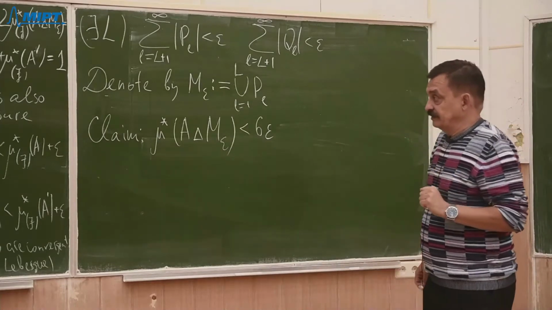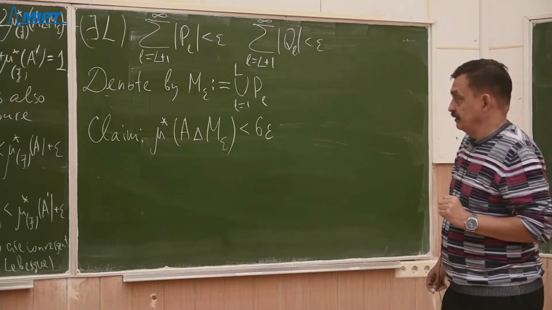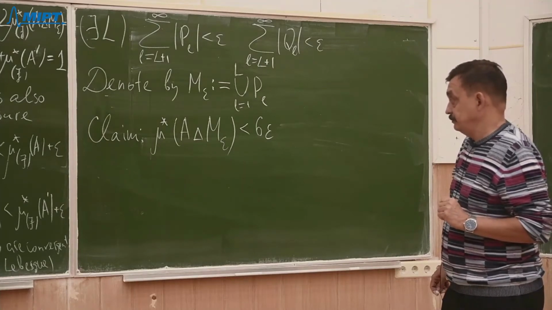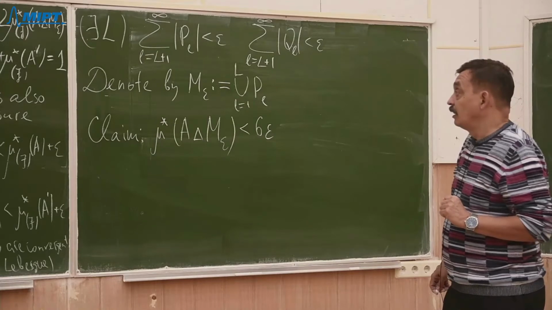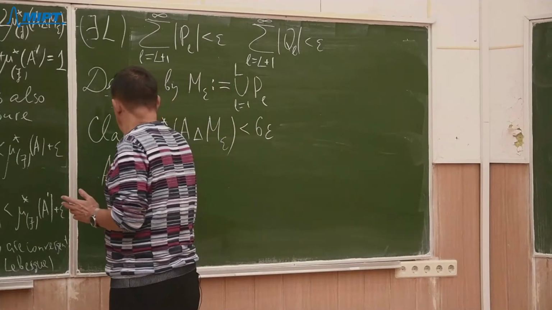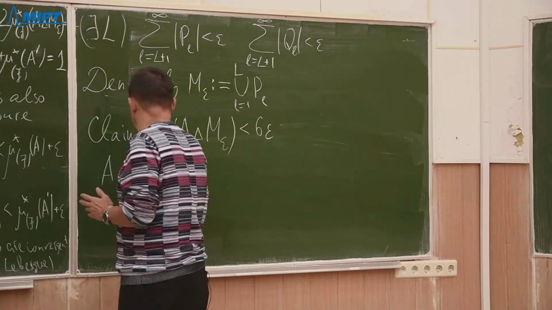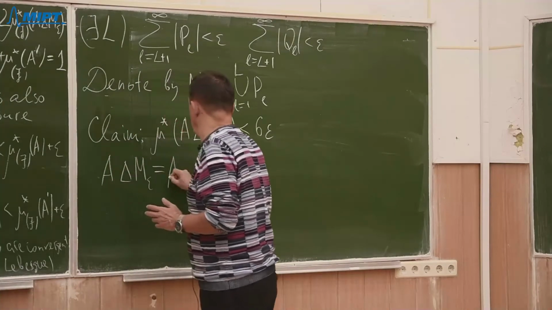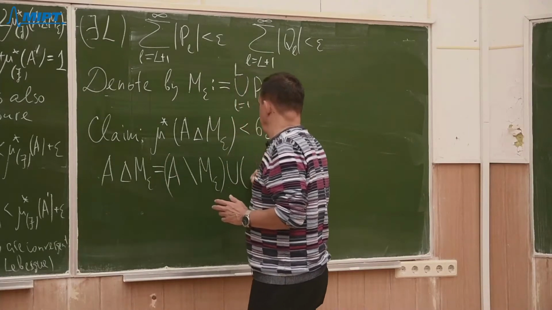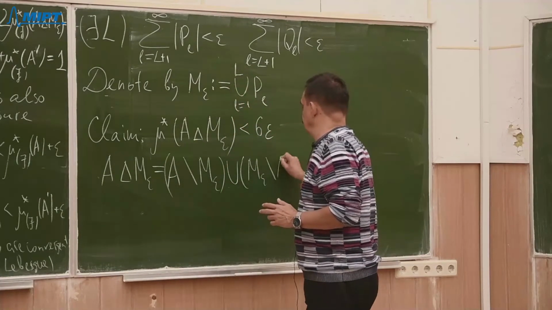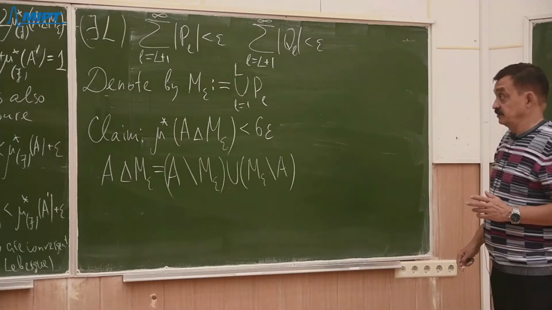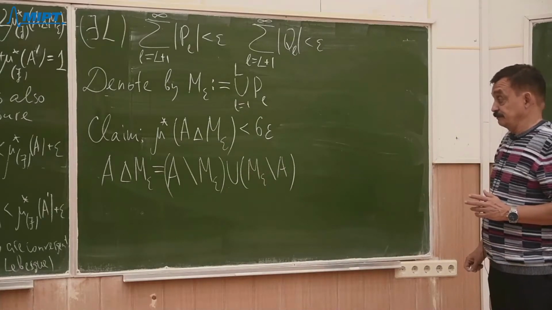And let me start with this claim. So now, what is symmetric difference? A symmetric difference with M epsilon is by definition A minus M epsilon together with M epsilon minus A. Union of two differences in different orders.